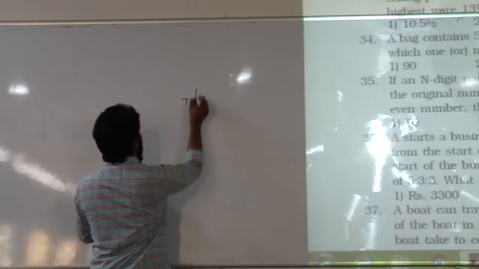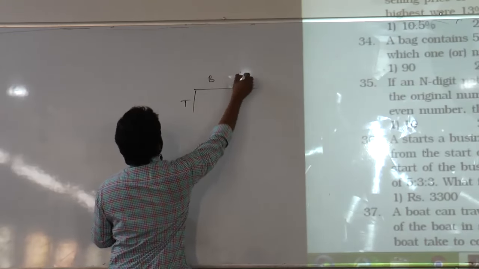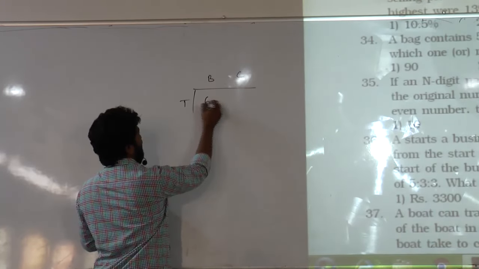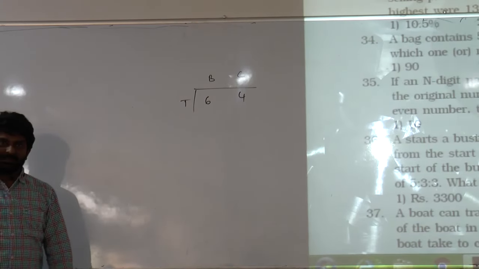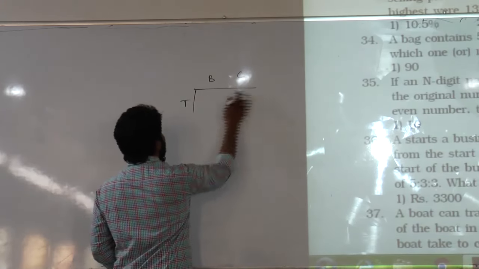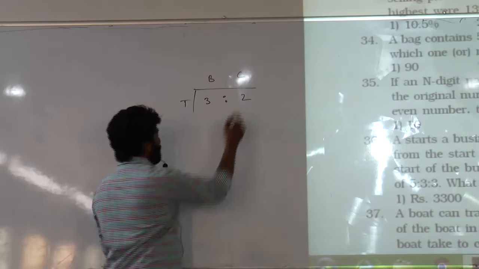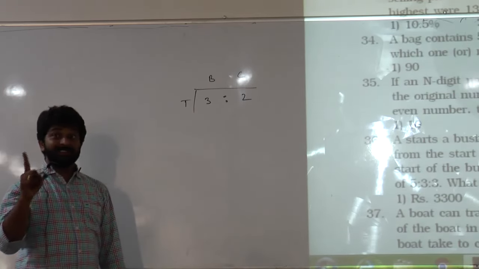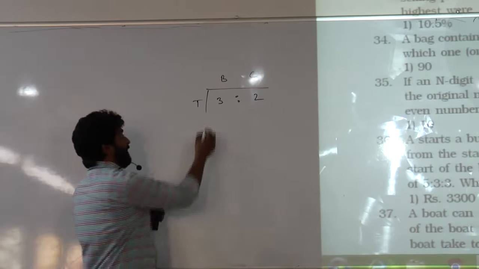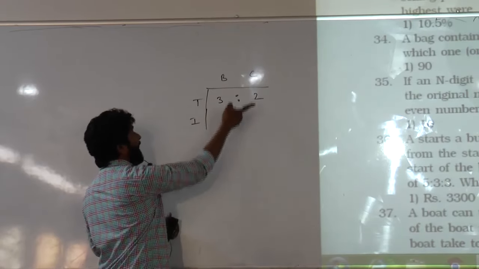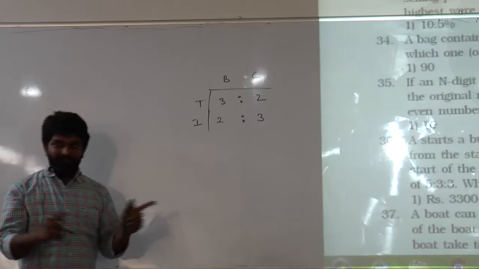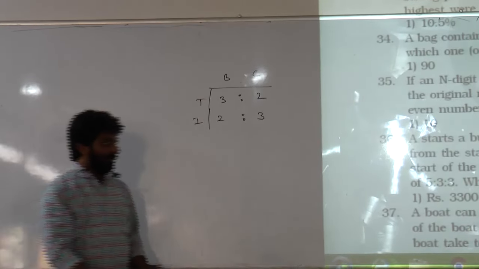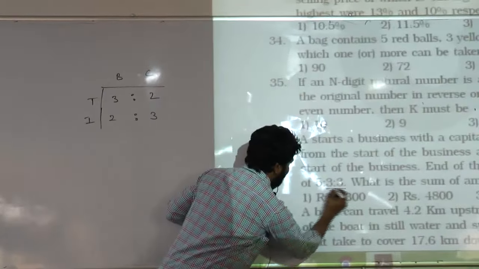What is the time ratio between B and C? 6 months and 4 months, which is 3:2. If they are getting the same profit, the investments of B and C must be 2:3. Then only they will get the same profit. I am getting this conclusion from this particular point.